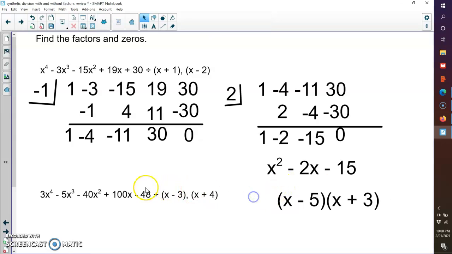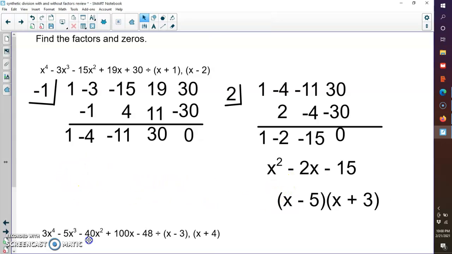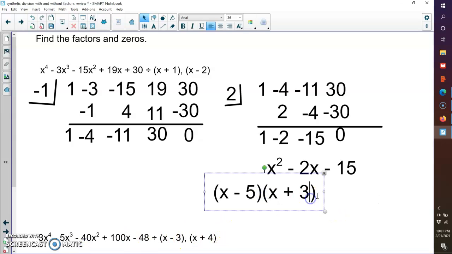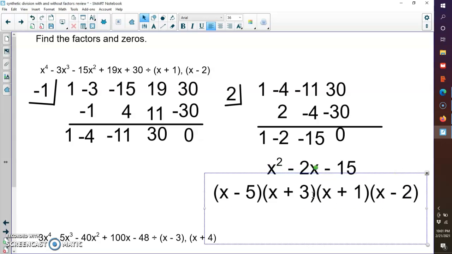But I have to include my other factors. So let me see if I can move this one down here a little bit. Yep. So x minus 5 times x plus 3. And I do need to include my other factors. X plus 1, x minus 2. And then my zeros are going to be 5, negative 3, negative 1, and 2.